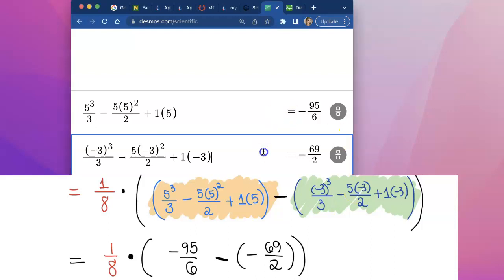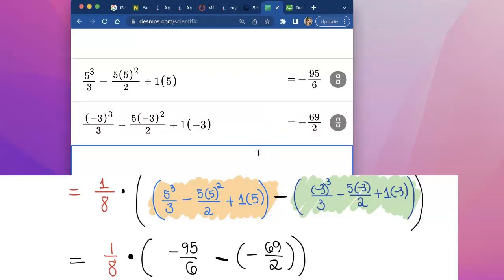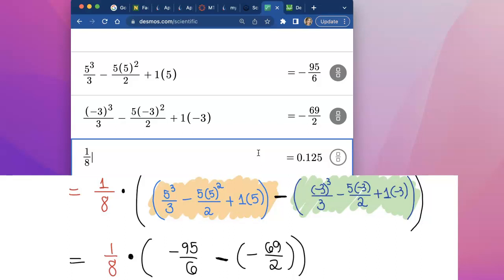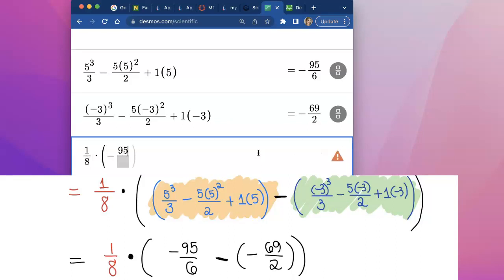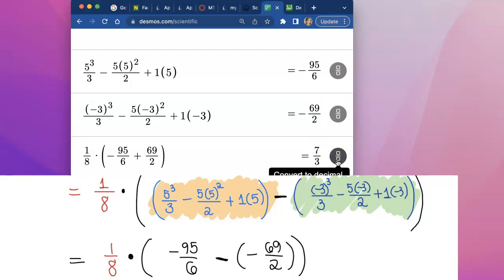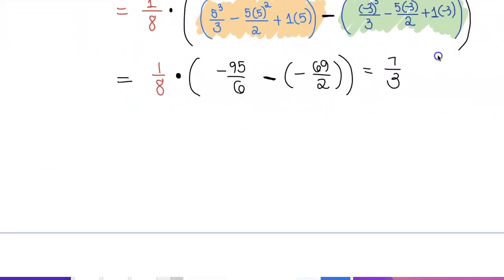Now I'm going to open up another line of the calculator and do 1 over 8 times negative 95 over 6 minus negative 69 over 2. I can just type in a plus at this point because subtracting a negative is addition. So here's my final answer. It comes out to be 7 over 3.